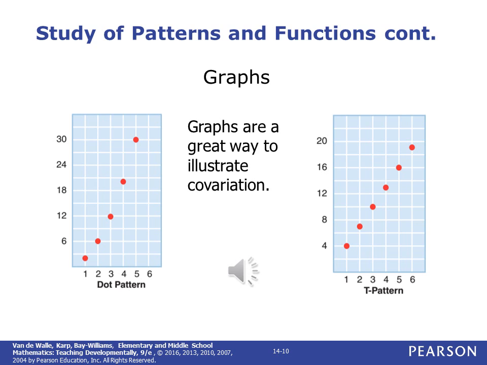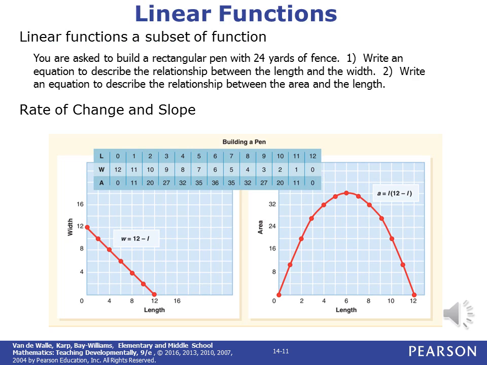But if you would allow for fractional amounts, then you would want to connect them, and that would be the difference between continuous, connected, and discrete, not connected. Also, make sure you identify that domain is the technical word for your input values, which are also referred to as independent variables, and the range refers to your output or dependent variables.